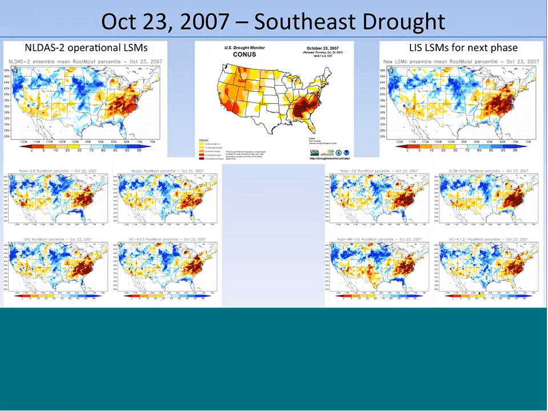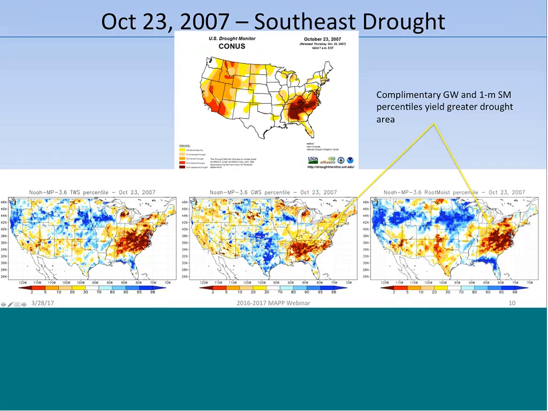So we started looking at other droughts just to see how we did for those. And so, what you're going to see is over here are the NLDAS operational LSMs, and over here are the ones we're testing, NOAA 3.6, catchment, NOAA MP, and VIC. You can see, like, for this example, things look pretty similar, not a lot of change.